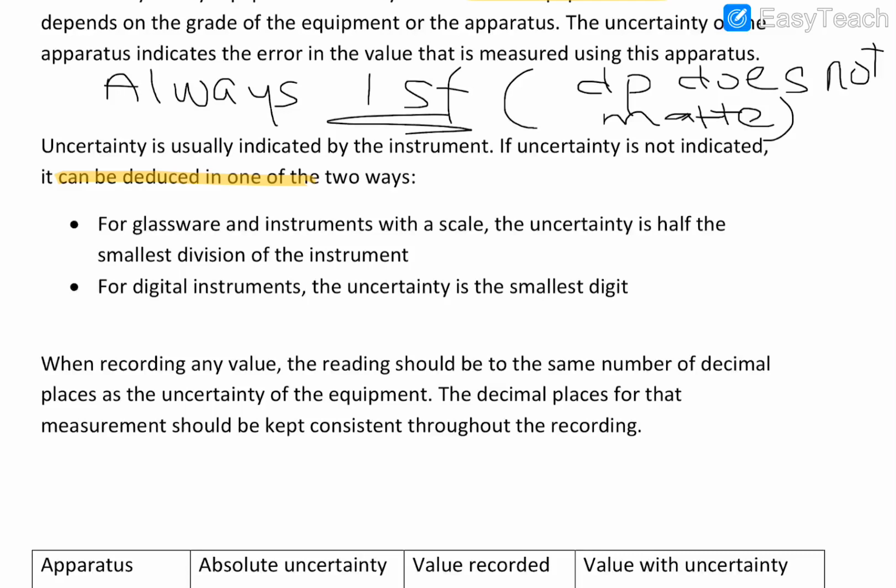There are 2 ways of doing that. If it is glassware, then it's half of the smallest division of the instrument.